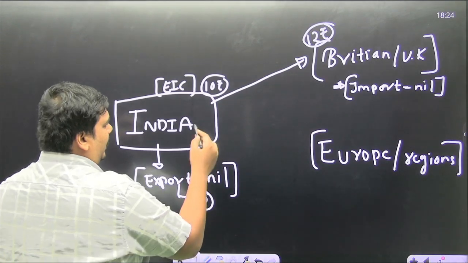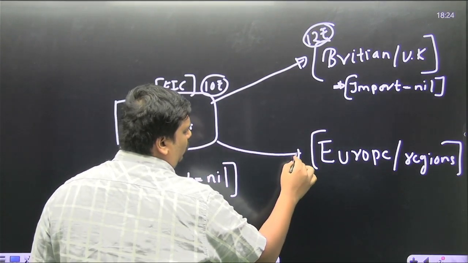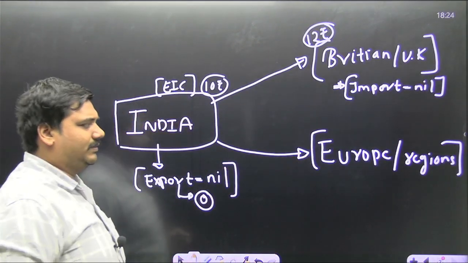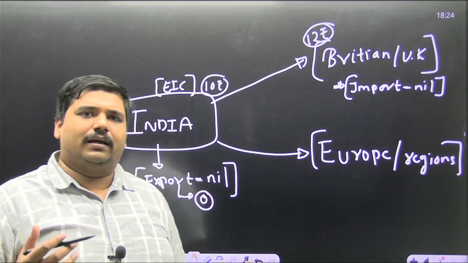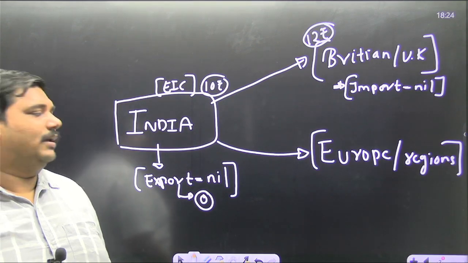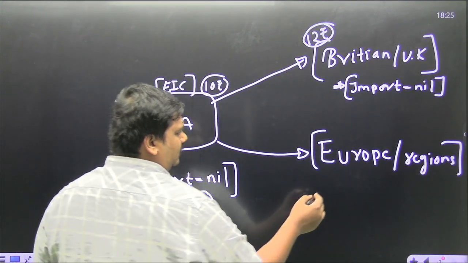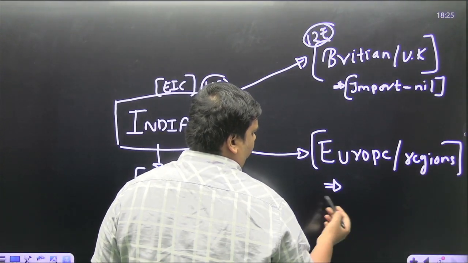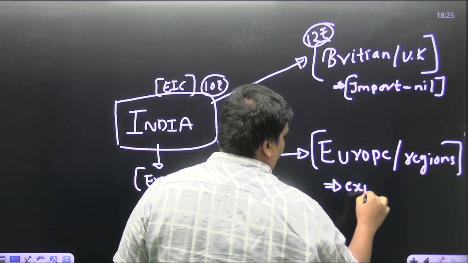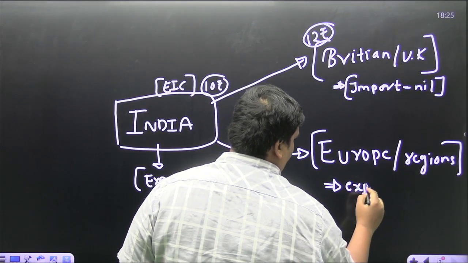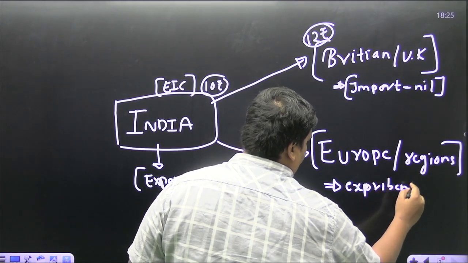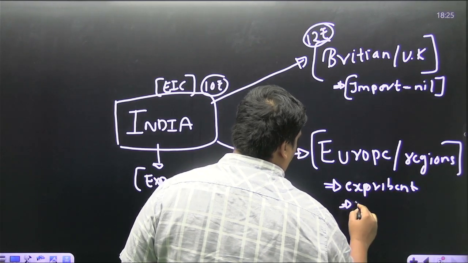When the Indian commodities were sold to other European regions, such as Spain, France, Netherlands, etc., they put an exorbitant export duty.